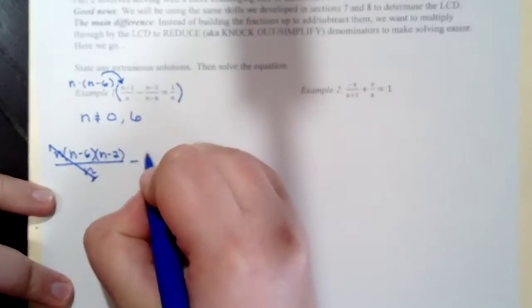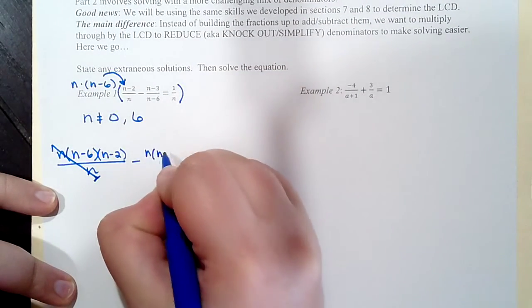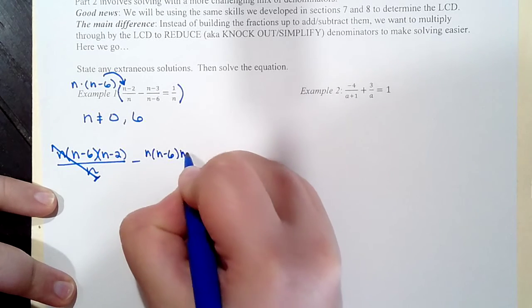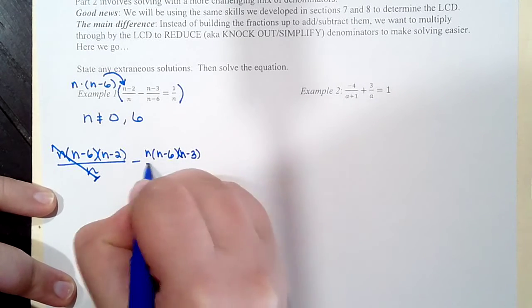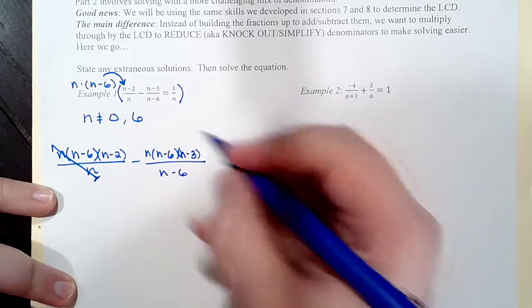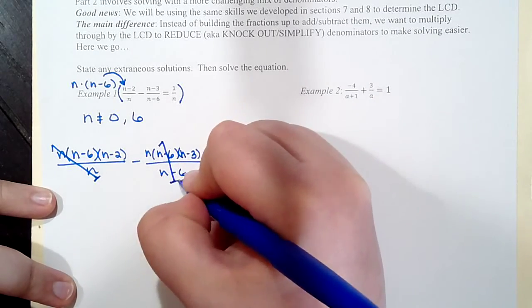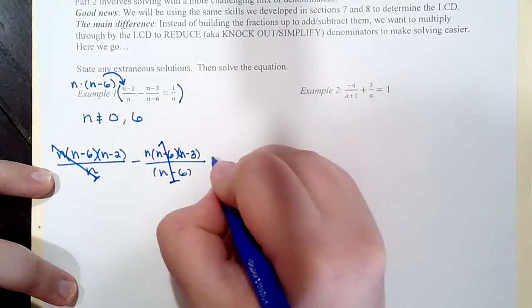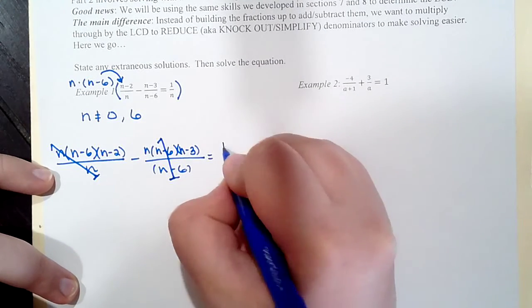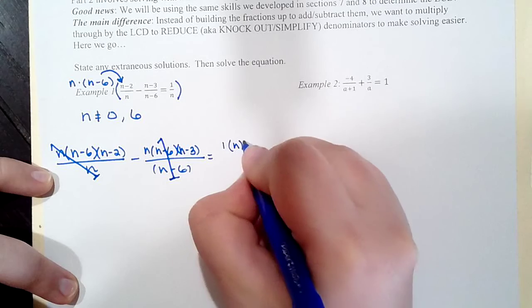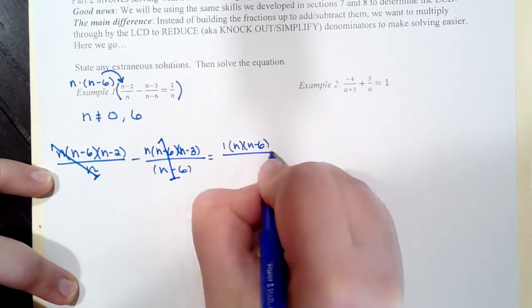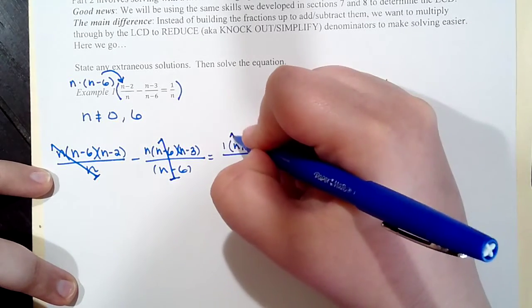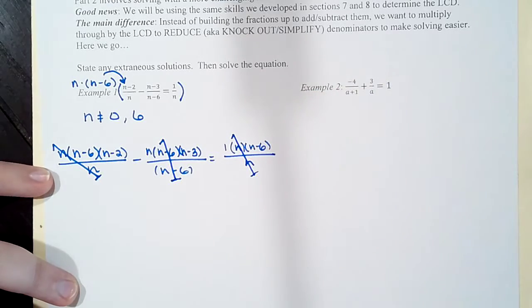The second term, again, I have n times n minus 6 times n minus 3 all over n minus 6. By multiplying by the LCD there, the n minus 6 is going to cancel. And then in the last one, I have 1 times n minus 6 over n, meaning that n cancels.